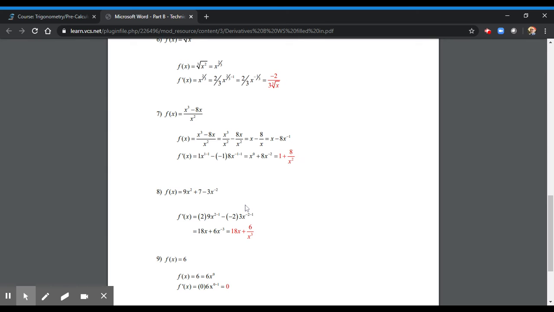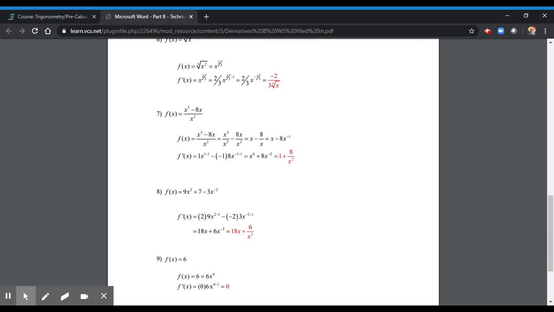Number 8, here I've got a polynomial in this form, 9x squared plus 7 minus 3x to the negative 2. Again, pull the 2 down in front, subtract 1 from it. I have 18 times x to the first, so 18x.